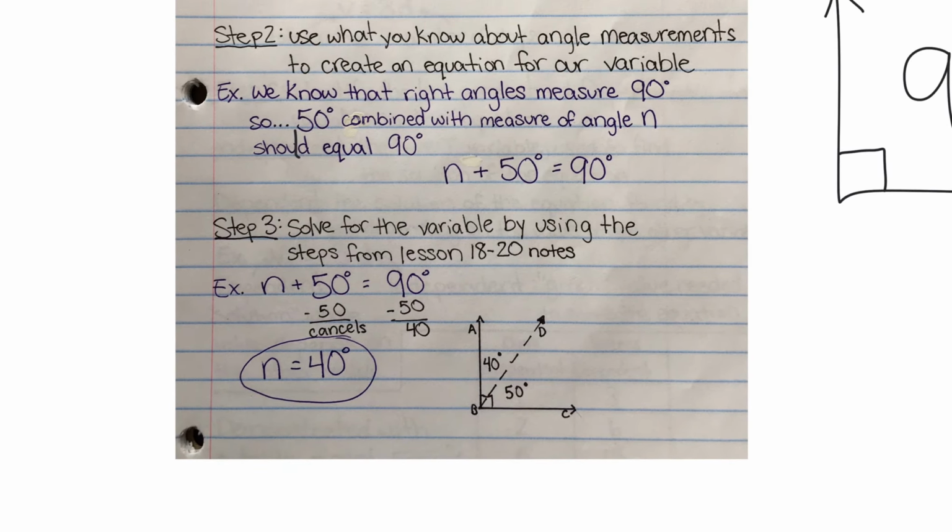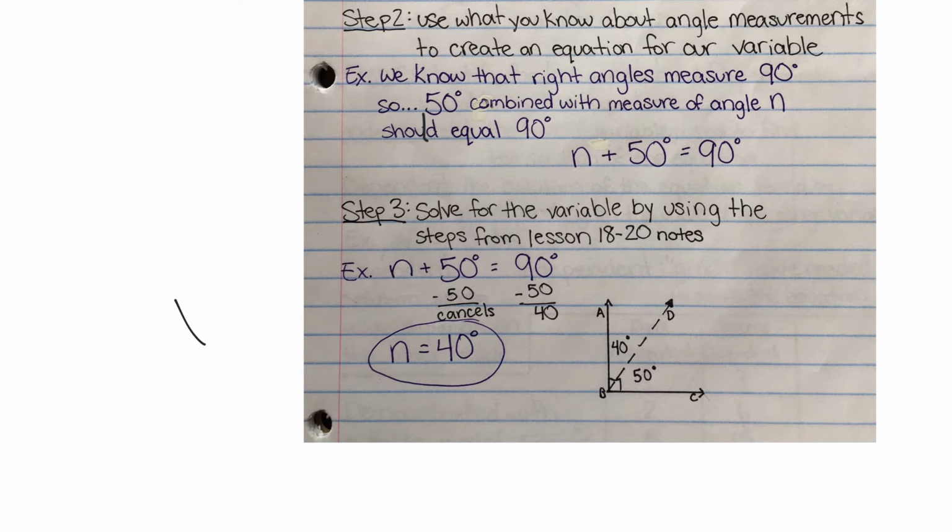Step 3, pretty basic. Just solve the variable by using the steps from lesson 18 through 20 notes. We know that we need to isolate this variable. Always, always don't forget to isolate the variable. Right here we see that there's a plus 50 next to it.